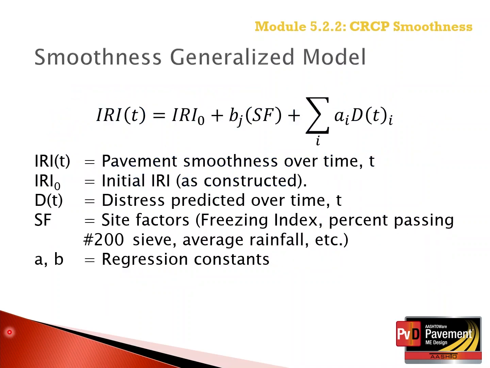The smoothness generalized model, or the regression equation, is included on this slide. The IRI predicted over time is based on the initial IRI measured after construction, the structural distresses predicted over time, a site factor related to the subgrade site properties and climate, and then the regression coefficients or constants for the predicted variables.